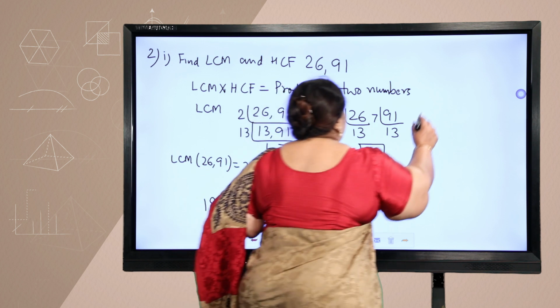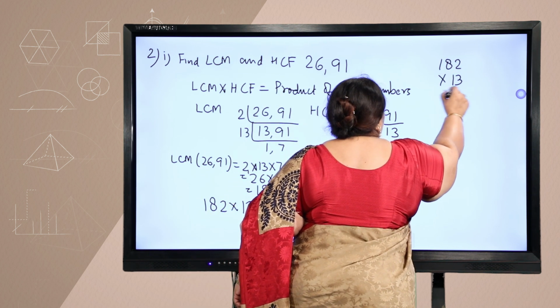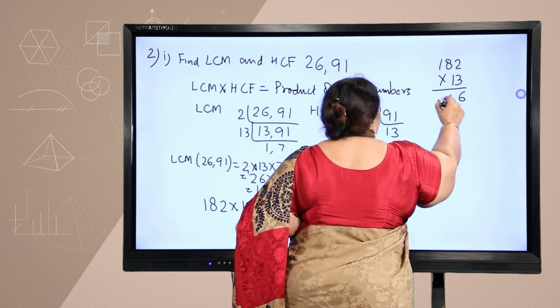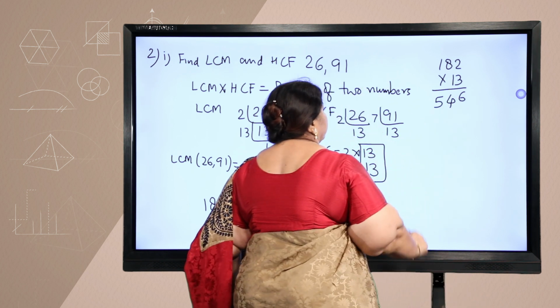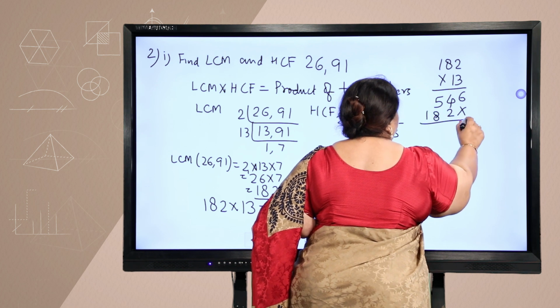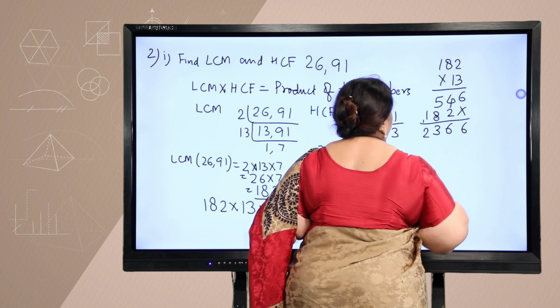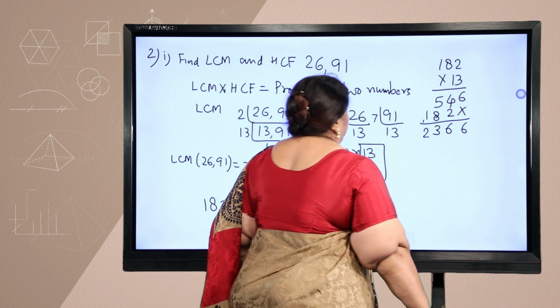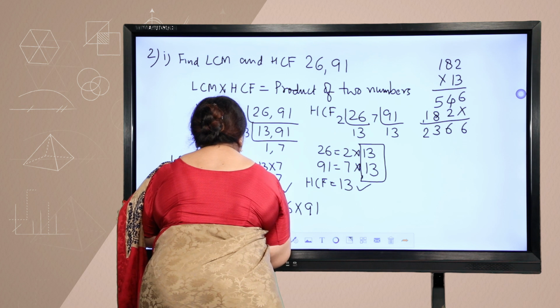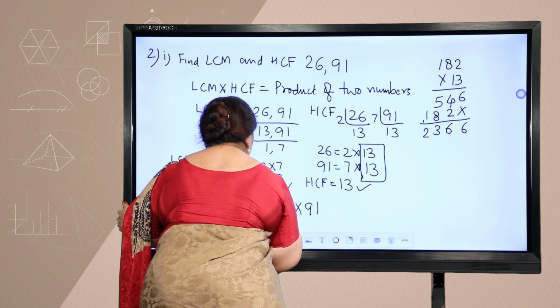Let us see, 182 multiplied by 13 is 2366.